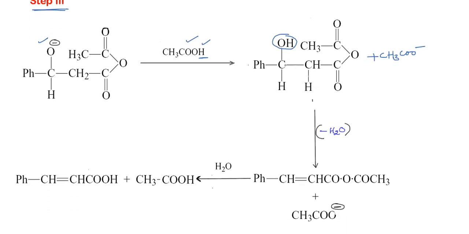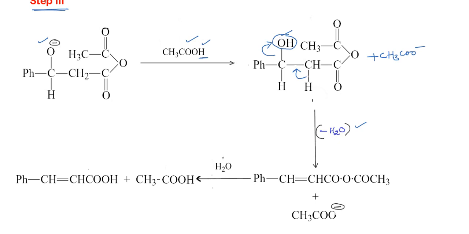Now, when we are heating it strongly, this OH and this hydrogen, the shifting of the electrons will take place like this, and removal of a water molecule takes place. This OH is removed and H is removed, so it becomes H2O. The electrons are shifted between these two carbons, so we get unsaturation between these two carbons and form a double bond here.